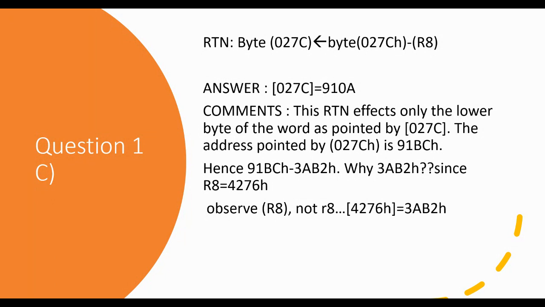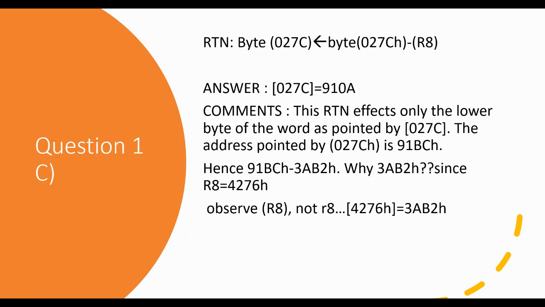If you look at 027CH, there must be an H here, but I think it's a typo, equals 910A. So this RTN affects only the lower byte as pointed to by 027C. So lower byte only. 91 is not affected, only 0A is affected.